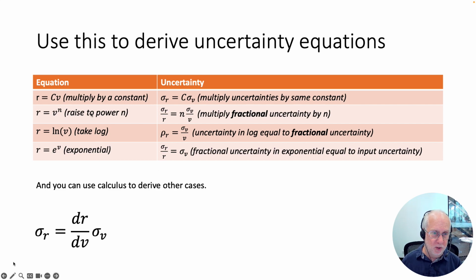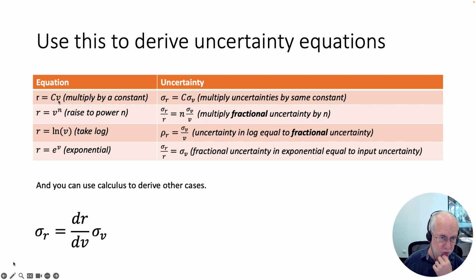The other possibility is to use it pre-calculated. People have already worked this out for a bunch of common situations, and you can just use the equation that's already been worked out. So for example, let's say you want to multiply something by a constant. You've got what you measure, and you want to know the uncertainty in 5 times what you measure. So constant c is 5. In that case, you do this.